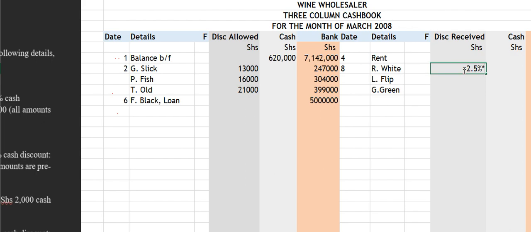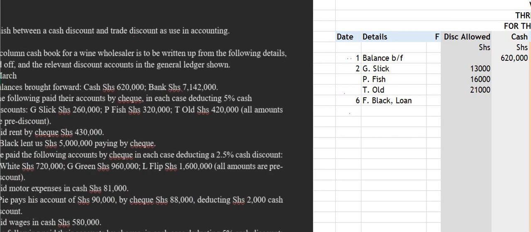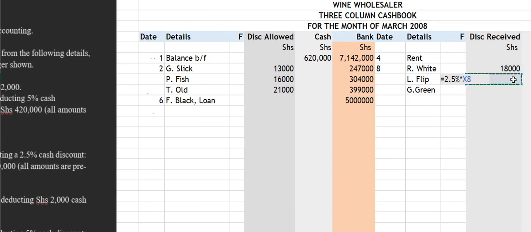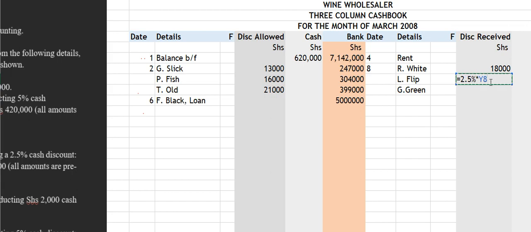720,000. That gives you 18,000. Then L Philip, that is 2.5% times the amount to be paid to L Philip, that is 1.6 millions. That is 40,000.